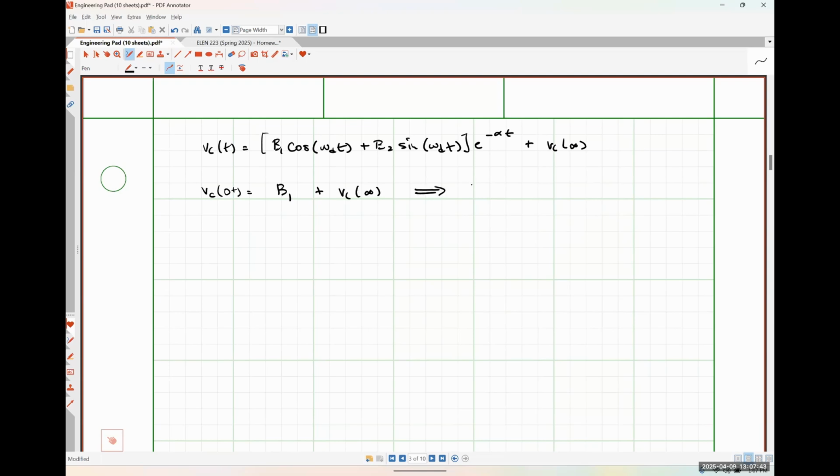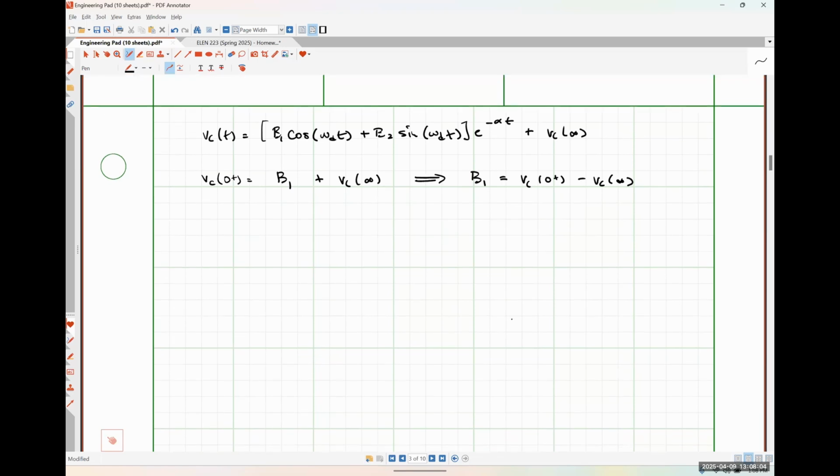So B1 is just going to be VC at 0 plus minus VC at infinity. And if we were using inductor current, it would be IL at 0 plus minus IL at infinity, 100% of the time. For our second equation, we know that our capacitor current, IC of t, is C dV by dt.